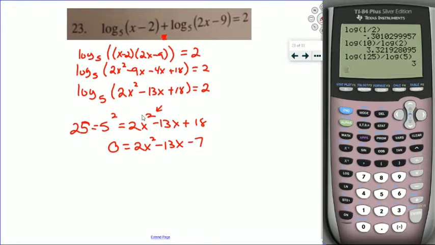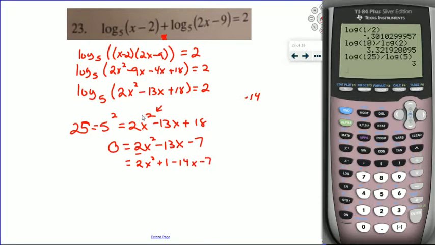Okay? So now, we need two numbers that when we multiply them together, we're going to get negative 14, because we have this 2 up front here. So we need to do 2 times the last number, which gives us negative 14. And when we add those two things that multiply to be negative 14, we're going to get negative 13. Those two numbers are negative 14 and positive 1. So 2x squared plus 1x minus 14x minus 7.